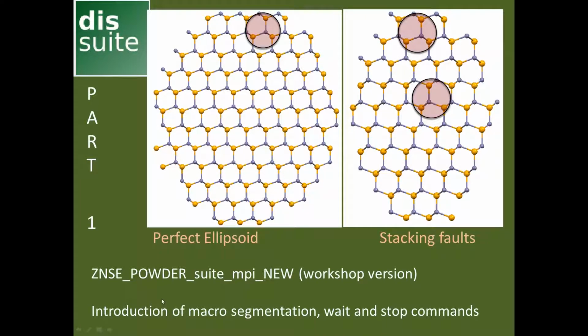What it generally does is create a zinc selenide nanoparticle, sometimes an ellipsoid or a sphere, and create stacking faults in this structure, so pretty much local defects. It's normally used for later calculating the X-ray powder pattern or the PDF and refining it to data from measurements.